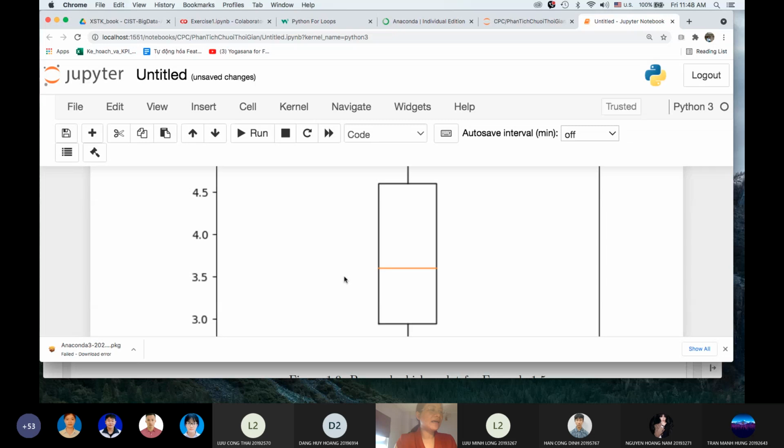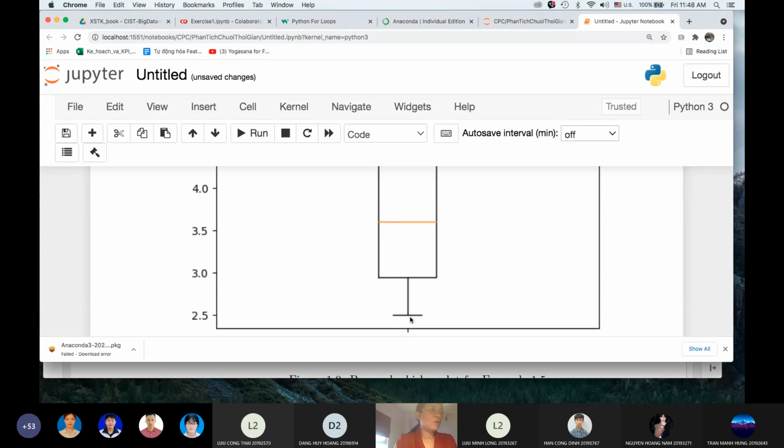However, you see that in this data set there is no outlier.